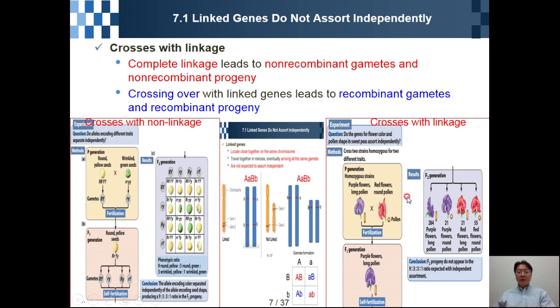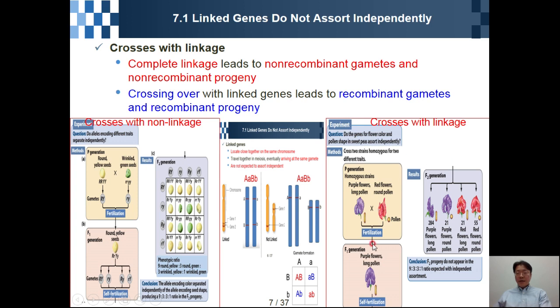In complete linkage, gene A and gene B are located on the same chromosome, and complete linkage leads to non-recombinant gametes and non-recombinant progeny.